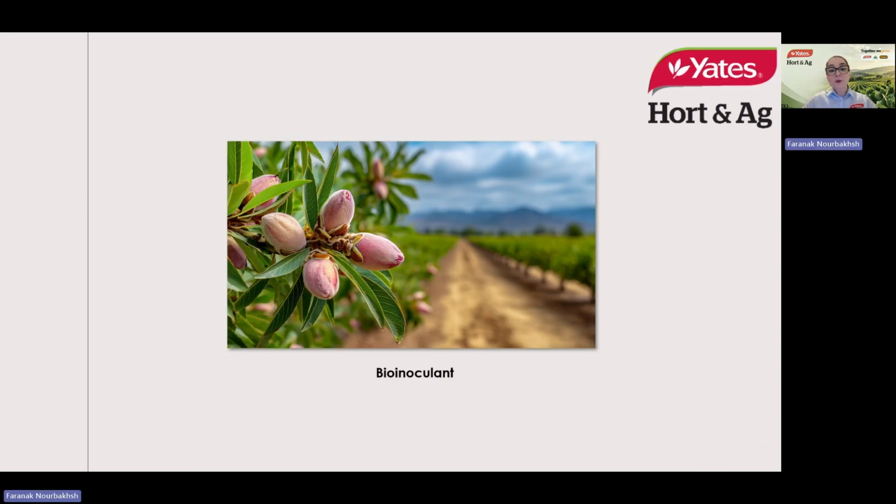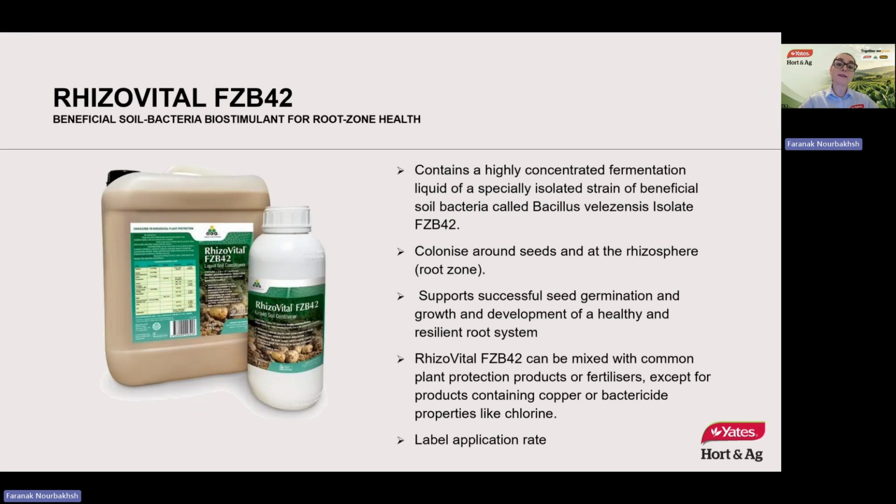In terms of bioinoculants, we have a range of products, but the one that I selected to discuss today as part of our IPM workflow is Rhizovital. It's a highly concentrated liquid that contains a beneficial bacteria, Bacillus velezensis, and it colonizes around seeds and the rhizosphere or root zone, and it supports successful seed germination, root growth, and great establishment.